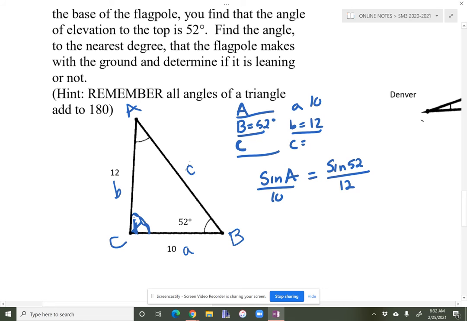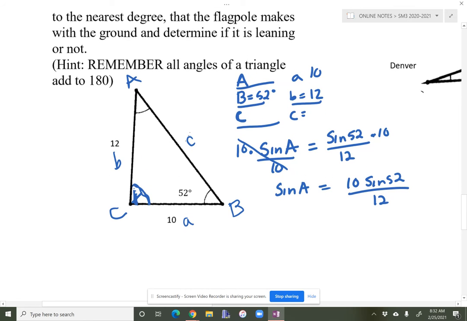Okay, so when I do that, I'm going to multiply by 10, and I get the sine of A, because those cancel, equals 10 sine of 52 over 12. So I need to figure out what that is. So 10 sine of 52, enter, gives me 7.88.